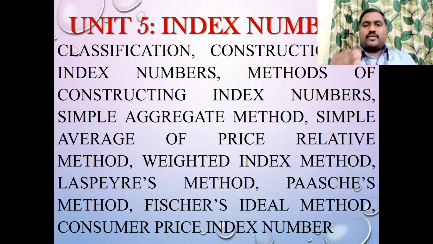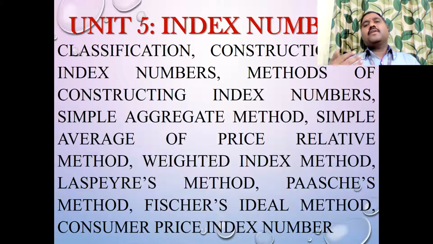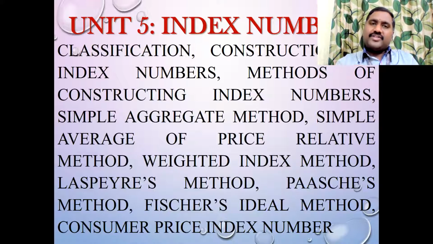For example, the people have told price, quantity. Most probably price, quantity, value, these kinds of variables are involved in the index number. Suppose, now you know the present situation. Say I want to know the changes in the price level of COVID vaccination.